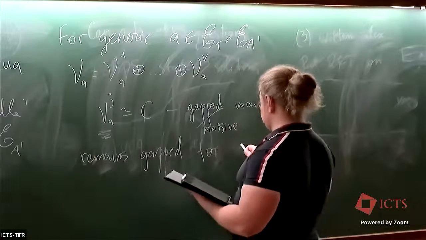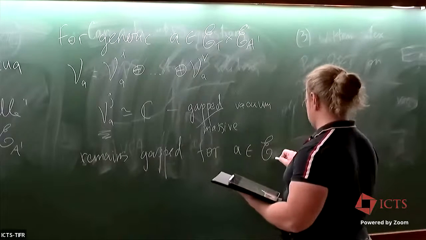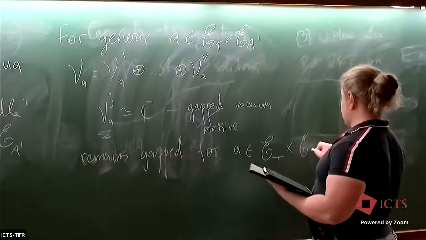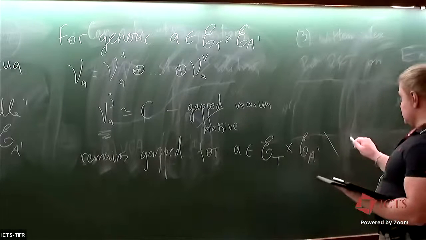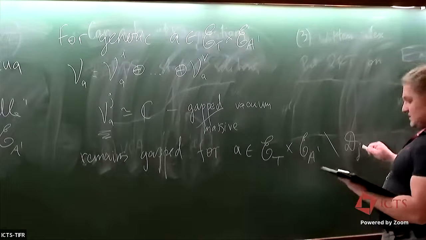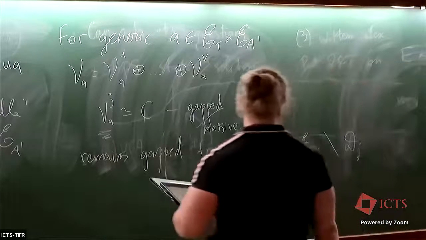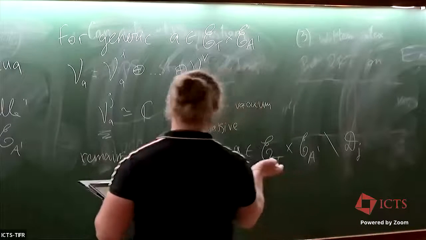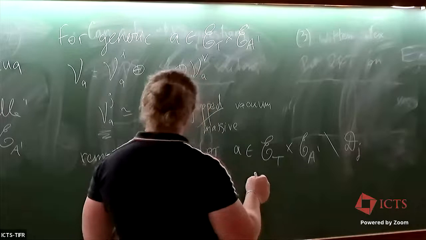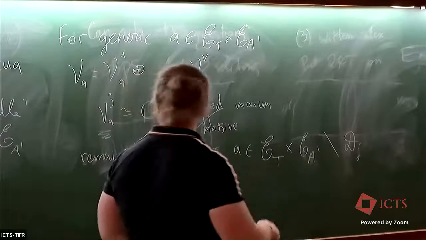As I said, for A generic, which means that A belongs to this space minus a certain subset, let me call it D_J, which has a certain positive, high enough codimension, at this subspace some of the isolated vacua become connected.